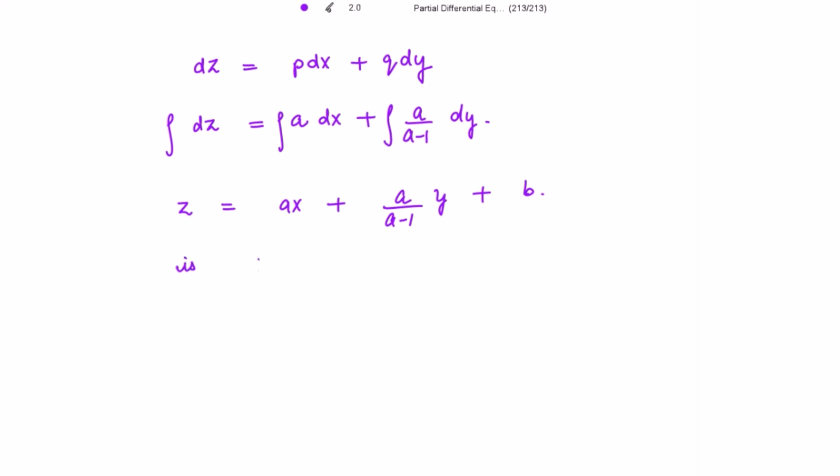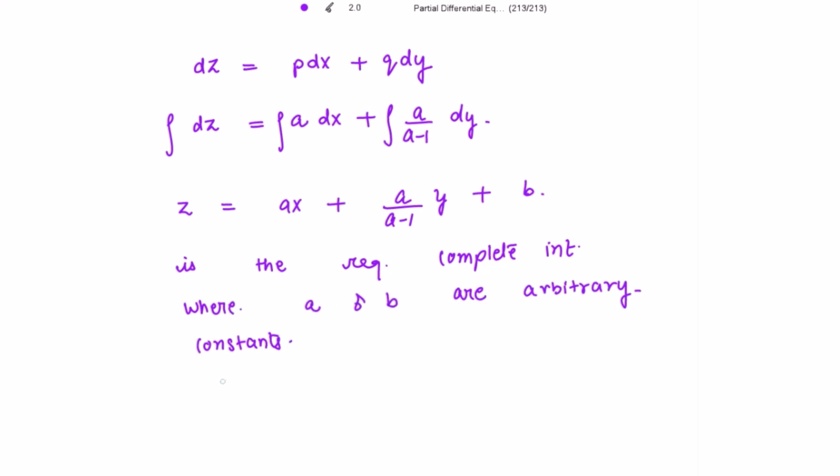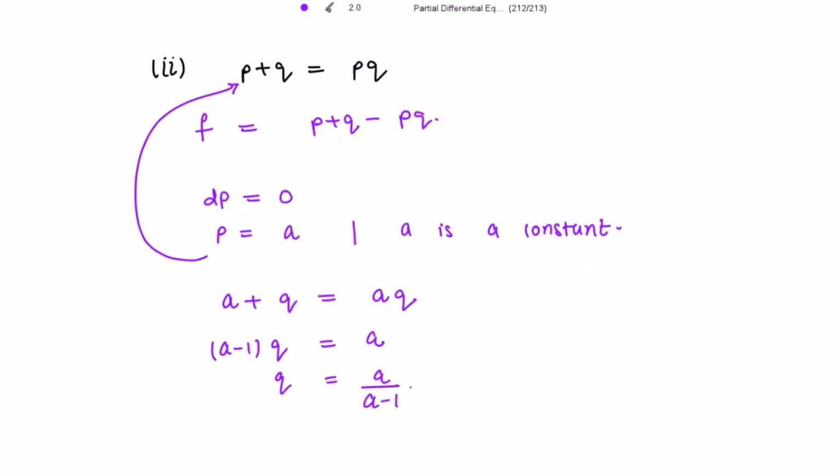So this is the required complete integral where a and b are arbitrary constants. So in these types of equations, we always have p equal to the constant a, right? The equations involving only p and q.